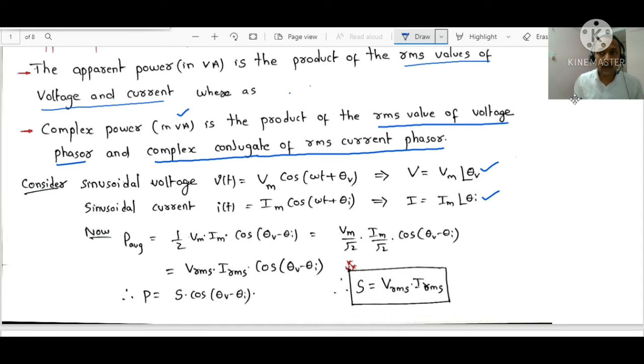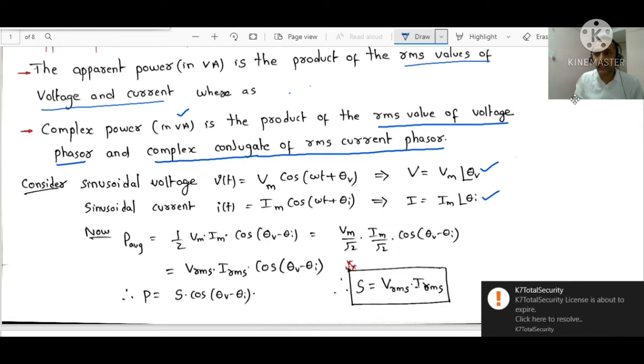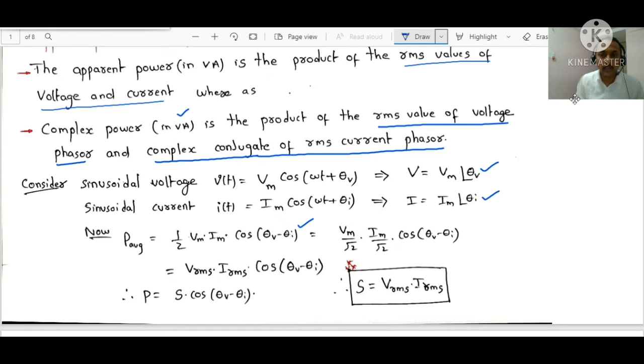Now let me calculate the average power. P average is given by half Vm Im cos of the angle between voltage and current, cos(theta v minus theta i). Now this 1 by 2 can be written as Vm by root 2 into Im by root 2. The meaning will not change.